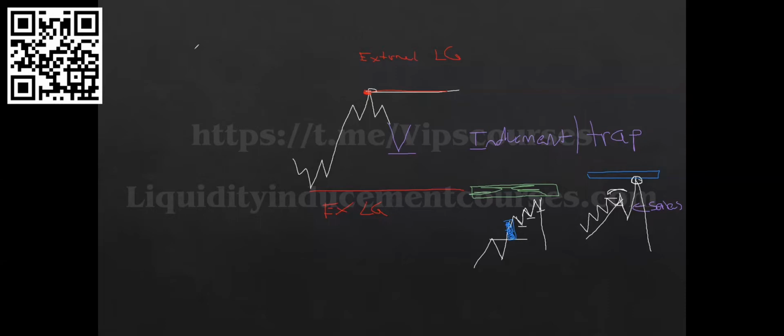Now, some people call it a smart money trap. I do not believe it is a smart money trap. That's just my opinion, right? They call it that because the people that call it that either don't know how to use structure or don't understand what they're doing, but who knows, right?